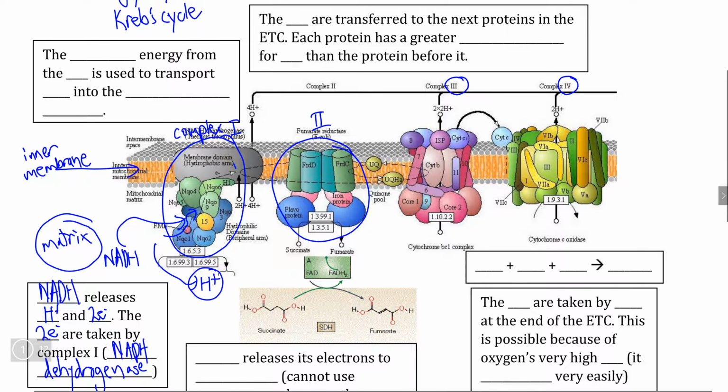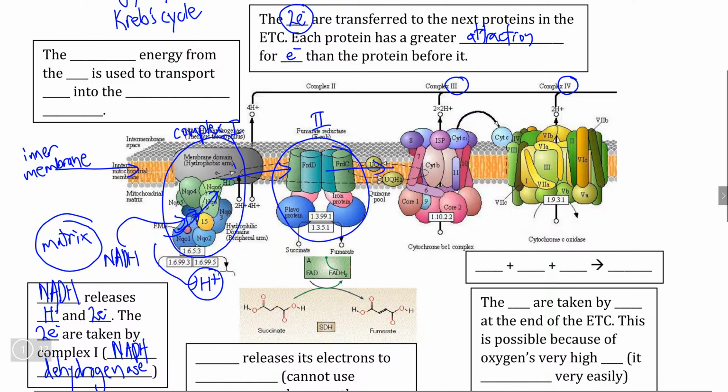And the reason why we call this the electron transport chain is that all of the pairs of electrons that are released by every NADH molecule are transferred from one protein in the chain to the next, to the next, to the next, and so on, because each protein within the chain has a greater attraction for electrons than the previous protein did before it.